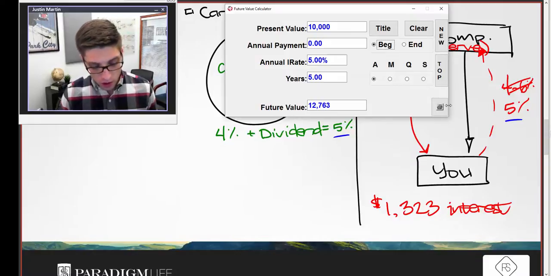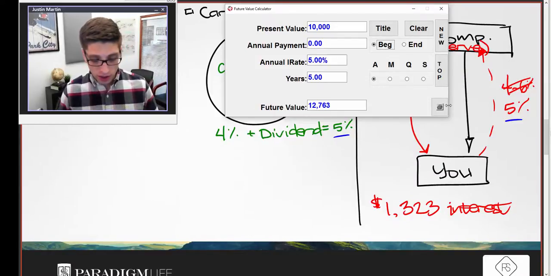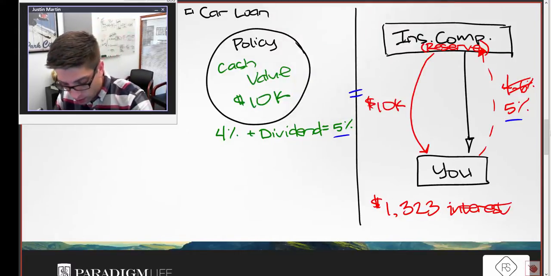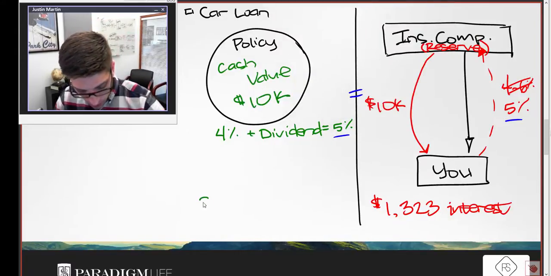So if we ask what our earnings were off of that, well, $12,763 minus the $10,000 original amount, your policy just grew by $2,763. $2,763 was your earnings.